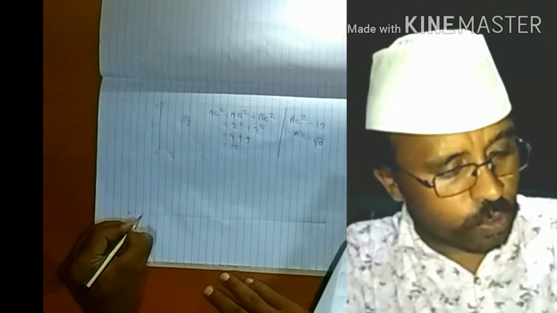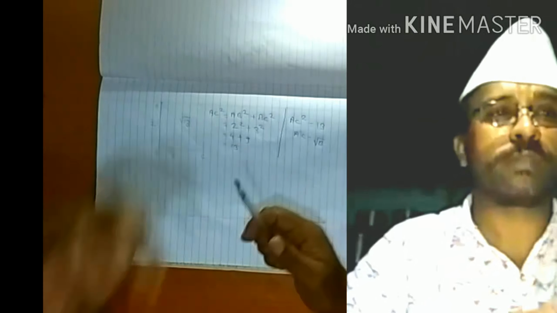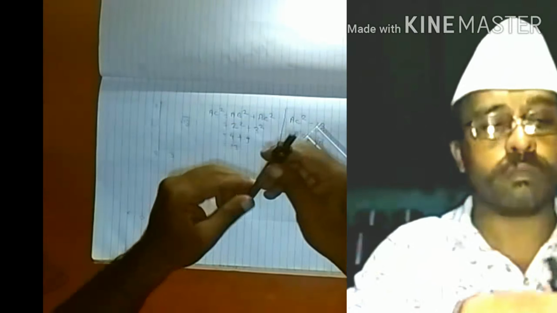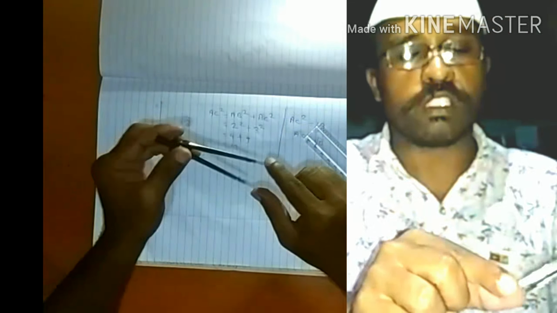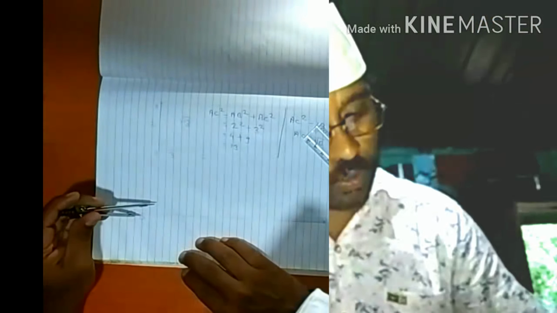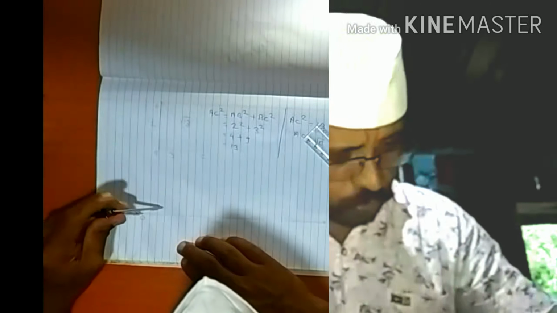Here I am showing 0 and I have to show various units. So I can show centimeter, millimeter or any random distance also. In this example, we are going to show a random distance between these two ends of the divider equal to 1 unit. So let's try to show various units on number line.